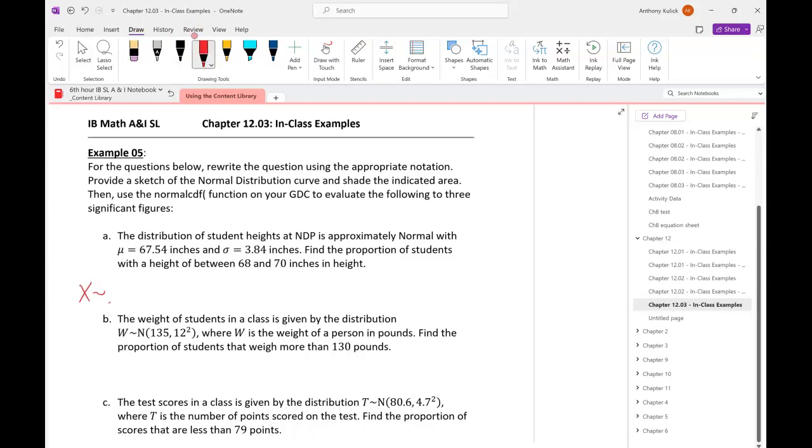So x is normal with mean 67.54 and standard deviation 384 squared. And then we want the probability that x is between 68 and 70. So that would be like over here.